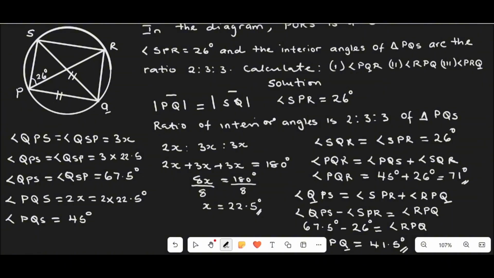So we can say angle PRQ equals angle QSP, which is 67.5 degrees.